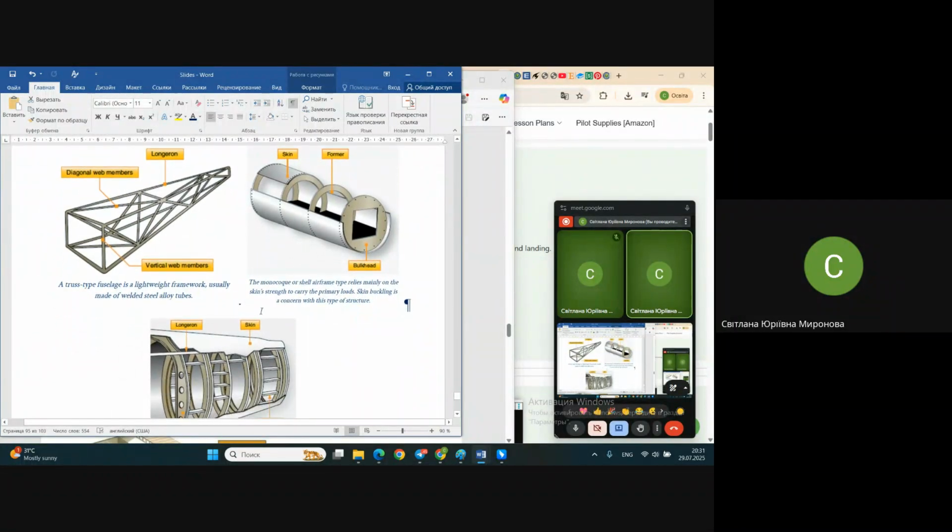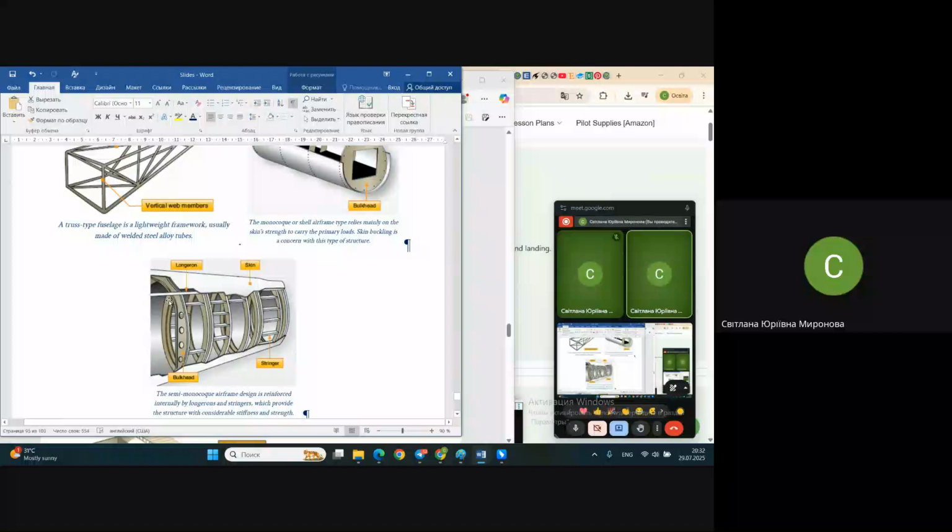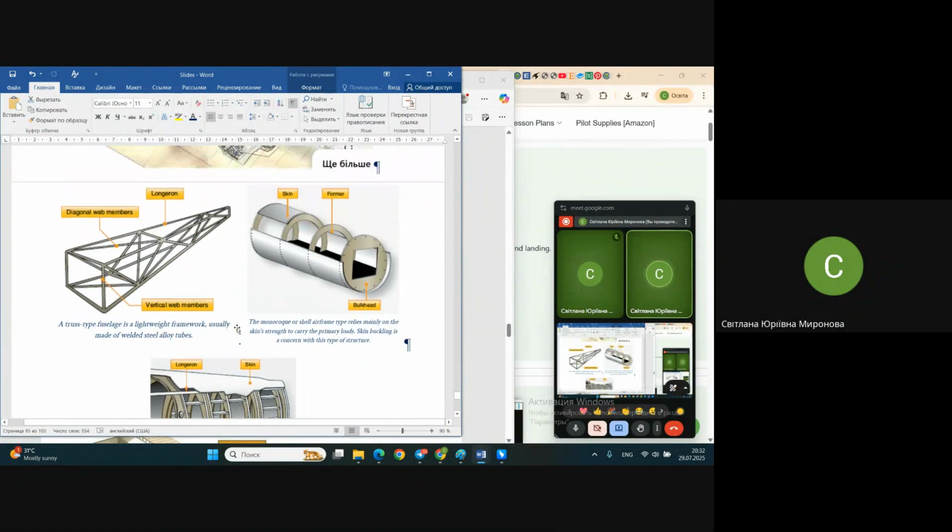There is semi-monocoque, translated as half monocoque, a half-shell-like structure, half eggshell structure. In this case, you will see both transversal and longitudinal elements.